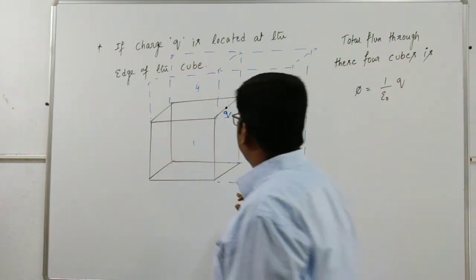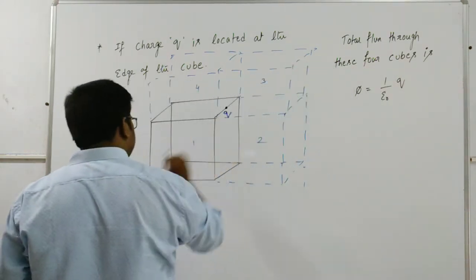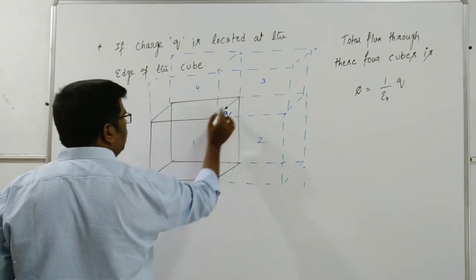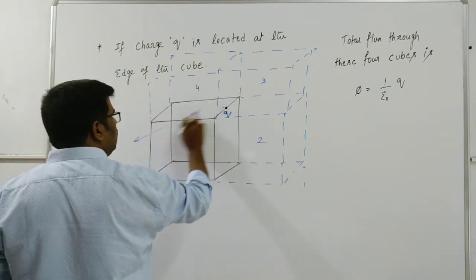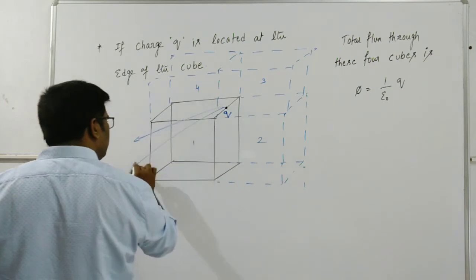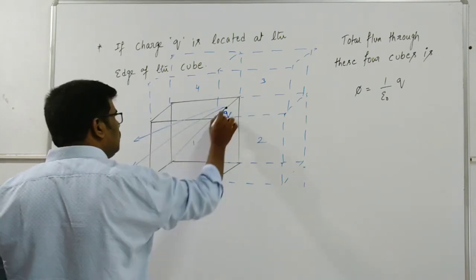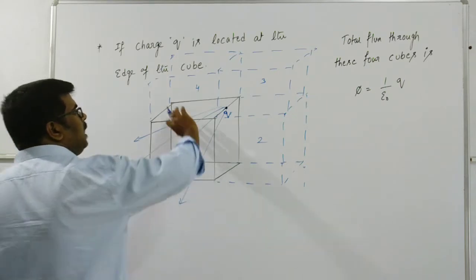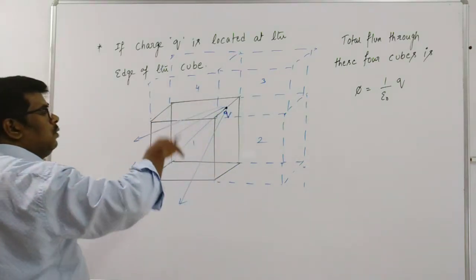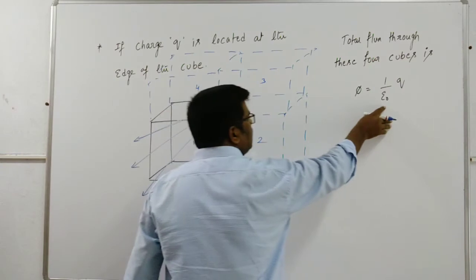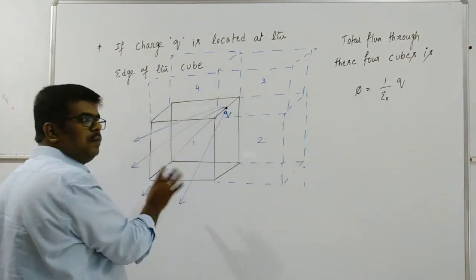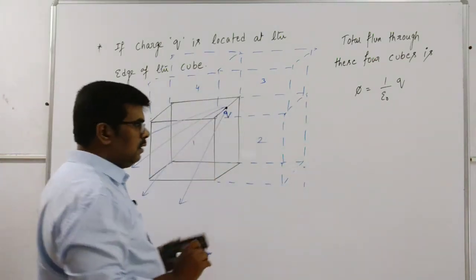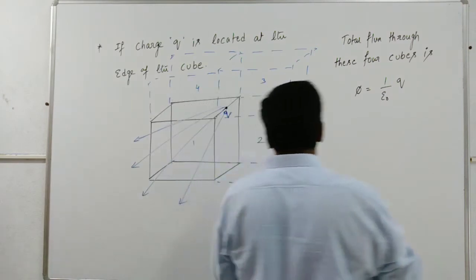But our intention is the flux through only 1 cube. The flux through this cube is nothing but only 1/4 of it, because we have 4 cubes. So through 4 cubes this much is there, and the flux through 1 cube is nothing but 1/4 of it.